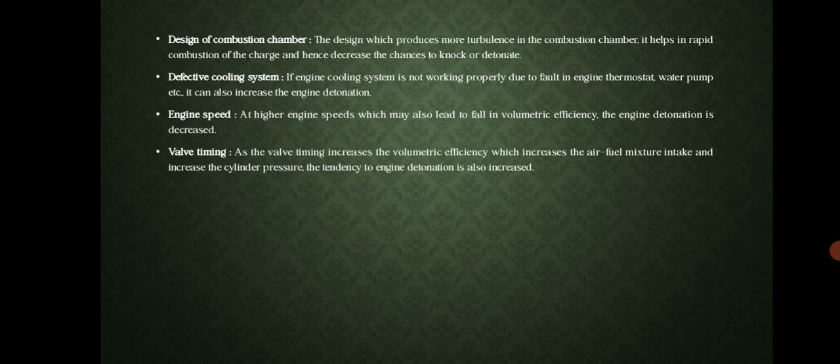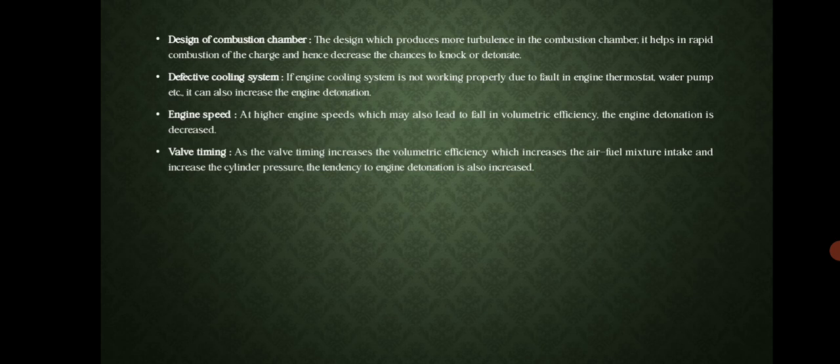Design of combustion chamber. A design which produces more turbulence in the combustion chamber helps in rapid combustion of the charge and hence decreases the chance of knocking or detonation. Defective cooling system. If the engine cooling system is not working properly due to a fault in the engine thermostat, water pump, etc., it also increases engine detonation.